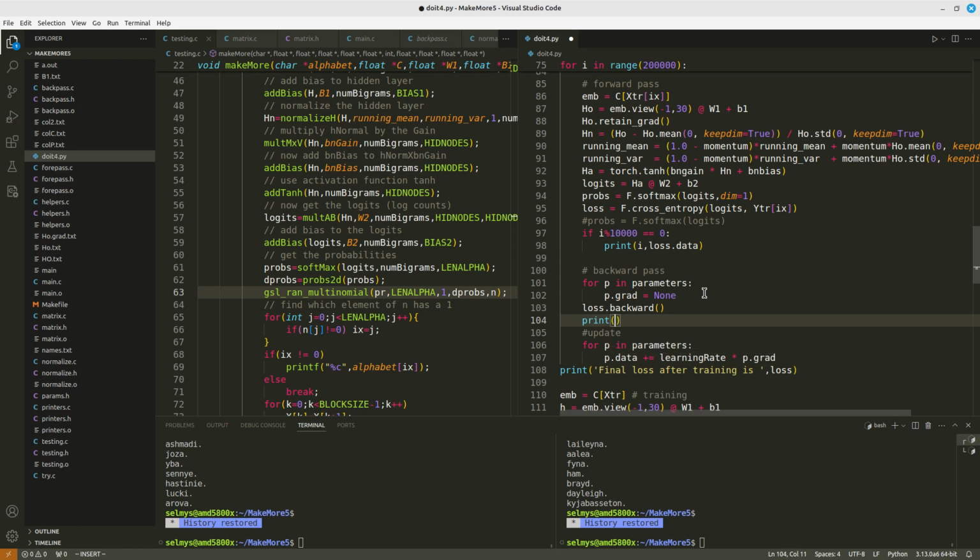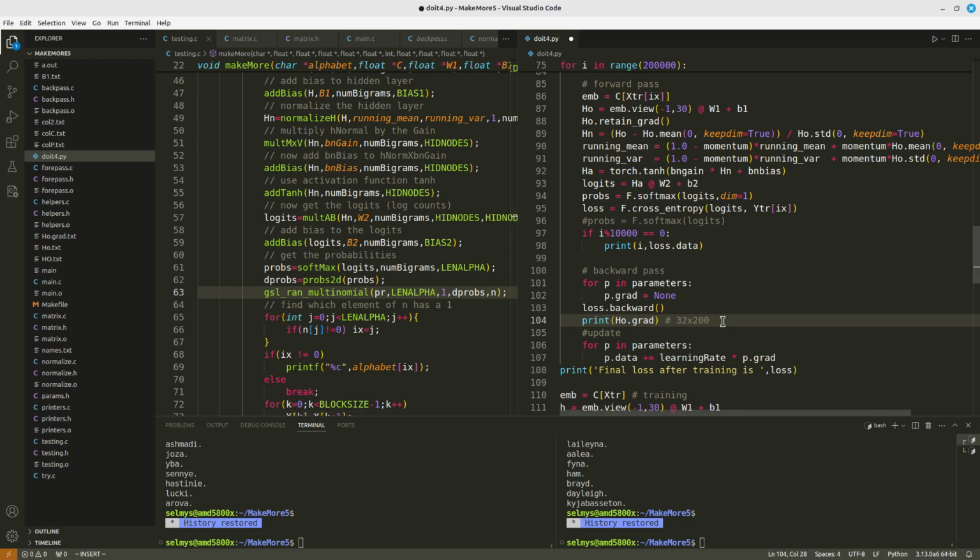If I print HO dot gradient, but you know, the problem with this is, by the numbers I'm using, this is going to be 32 by 200. The batch size is 32 and the number of neurons I have are 200. So that's going to be a lot of data.